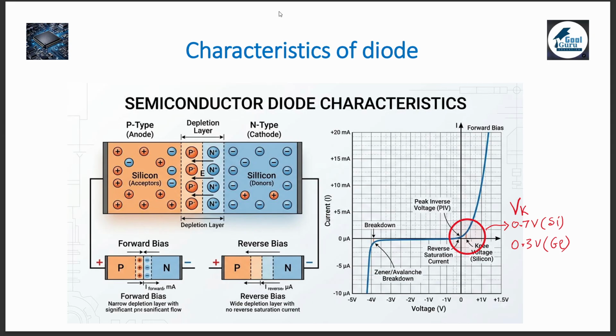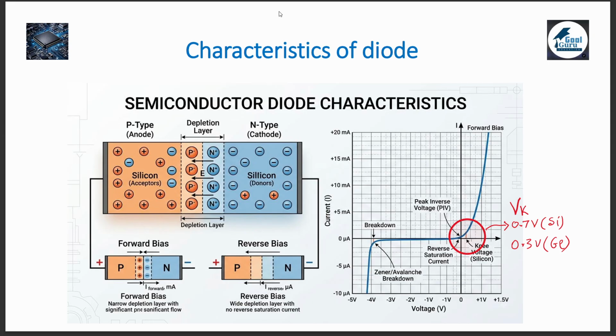Let us now learn about the characteristics of the diode. To know about characteristics of the diode, we have to take into account both the forward bias condition of the diode and the reverse bias condition of the diode. You can see that the graph is shown for VI characteristics.